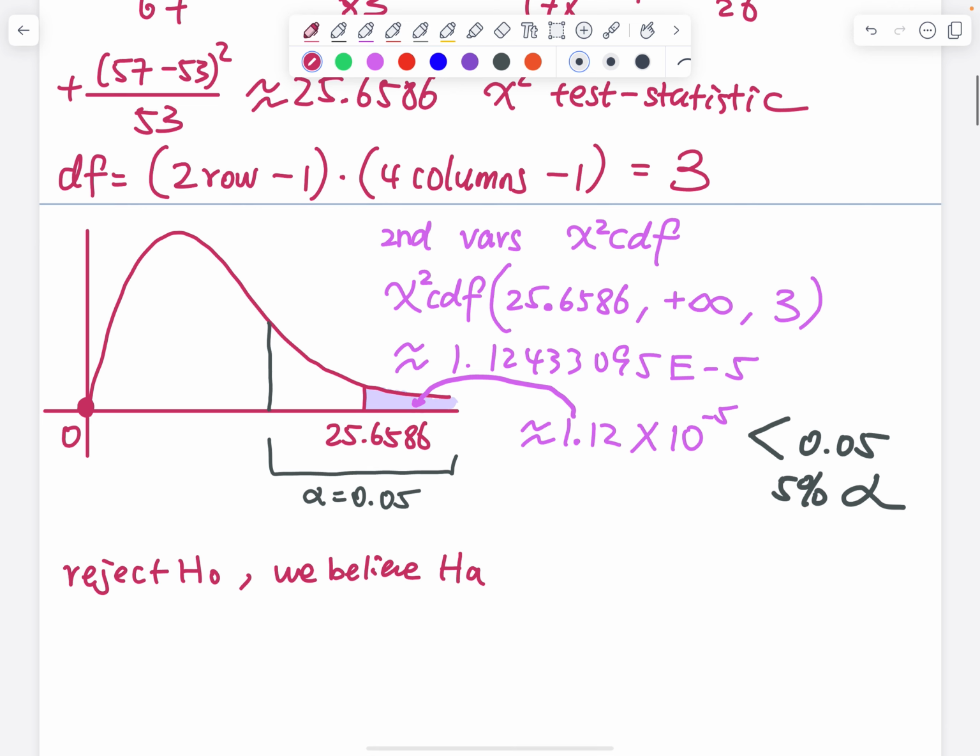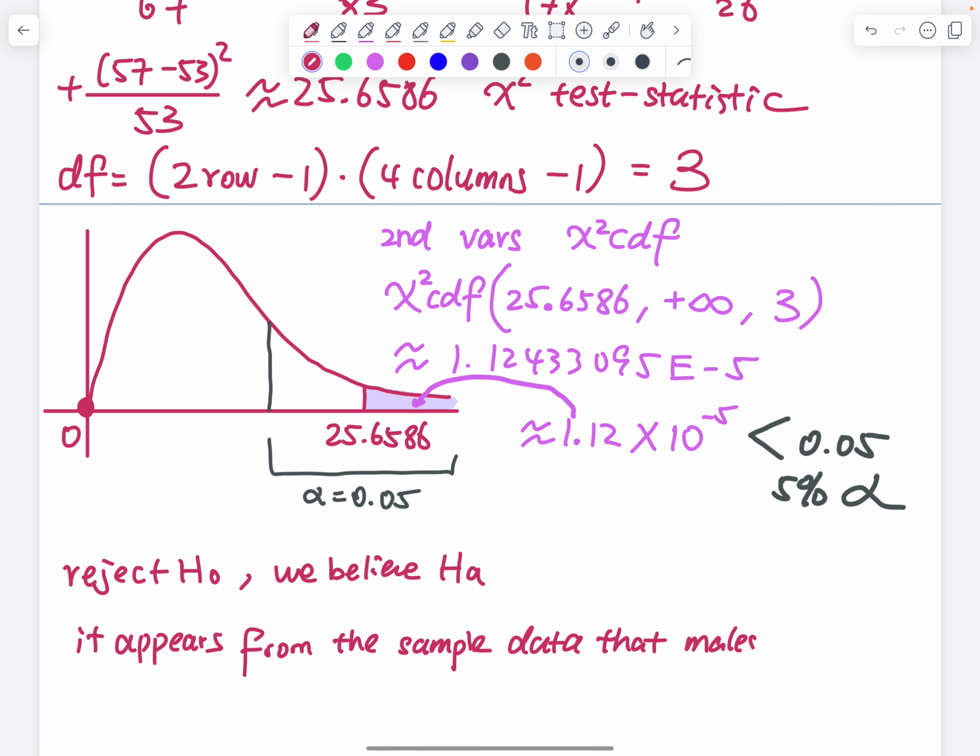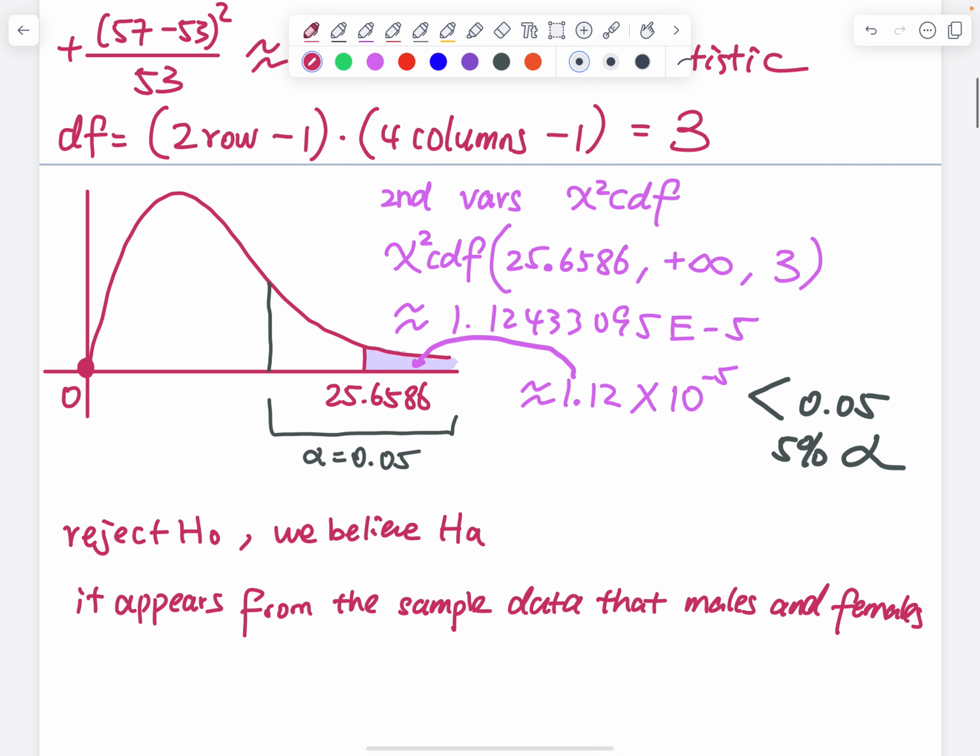Then I will say, it appears from the sample data that males and females in that college have different preference.